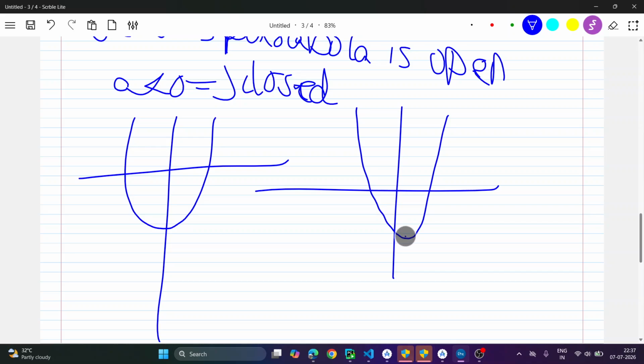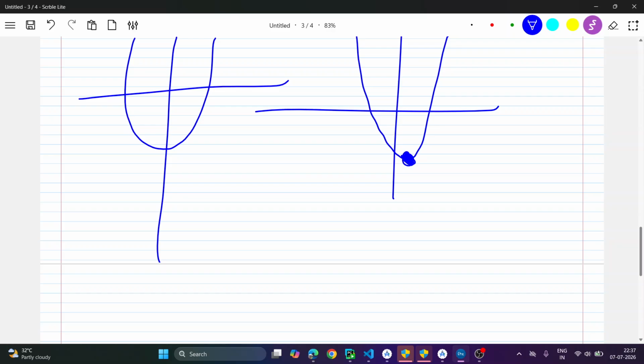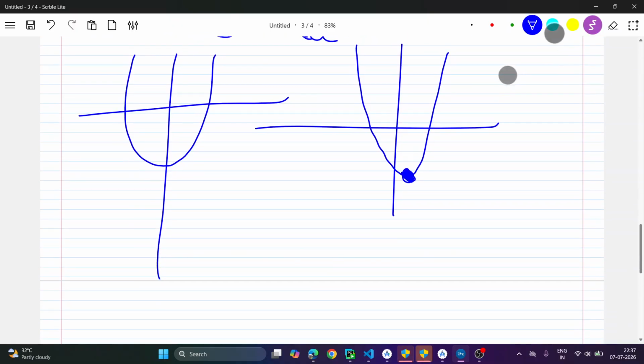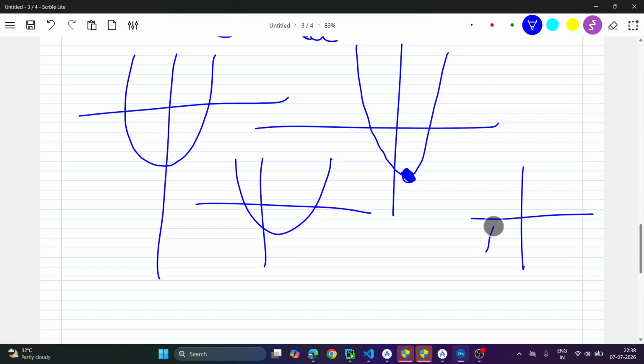This point is the vertex, the end point of the parabola. And if the parabola opens upward, the graph will be something like this. And if it opens downward, the graph will be something like this.